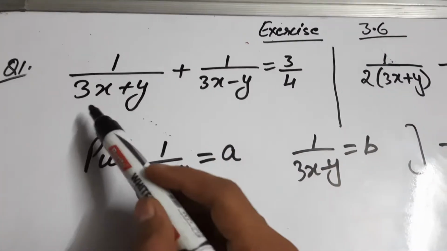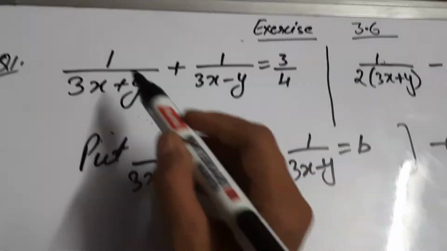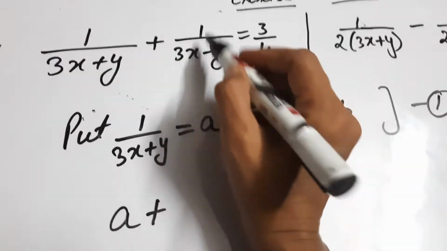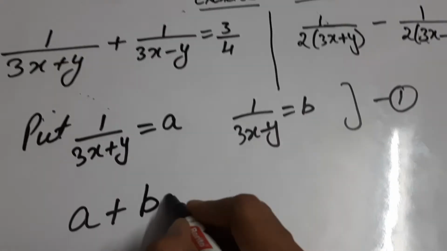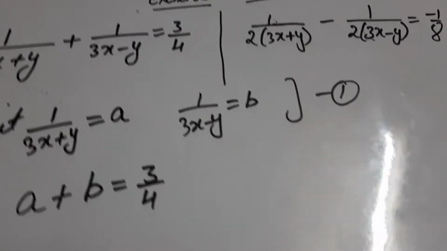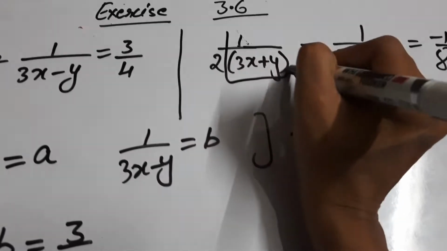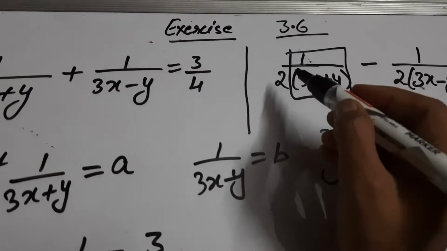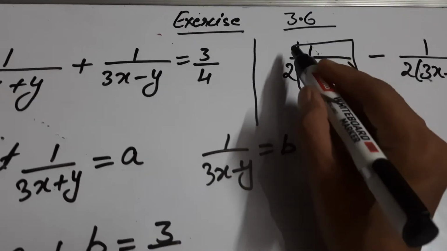Now 1 by 3x minus y, no extra coefficient is given to us, so this will be written as a, plus no extra coefficient is given to this. Complete term is termed as b is equal to 3 by 4, right? Now next here 1 by 3x plus y is a, but remember students, as I told you, remaining things will remain same whether they are in the numerator or denominator.